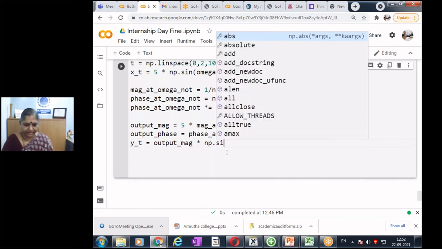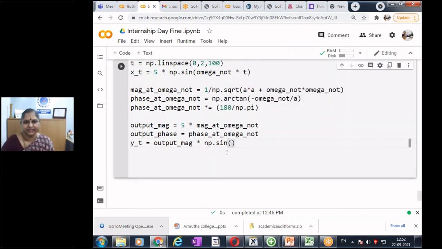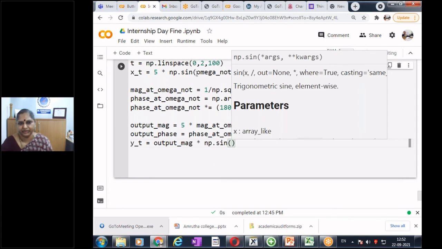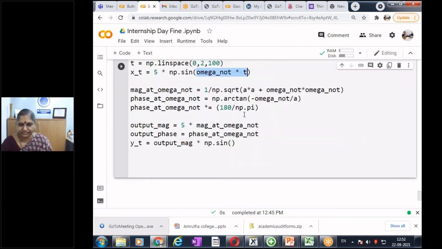The frequency doesn't change, you remember we said that. And there is going to be a phase delay. How much is the phase delay? This is what I have.